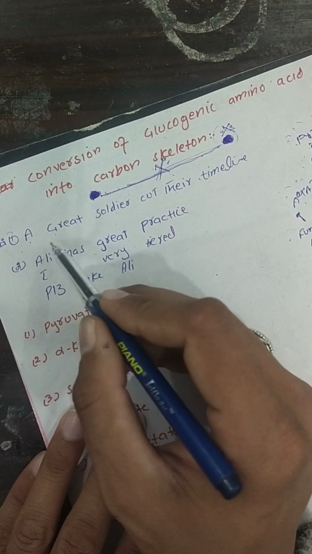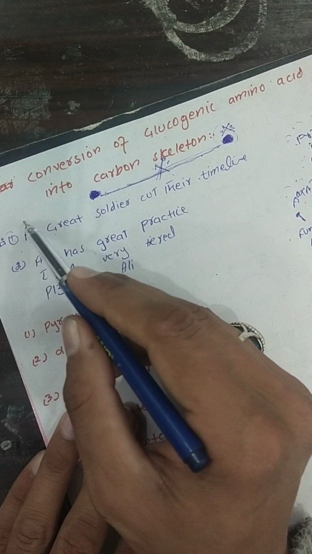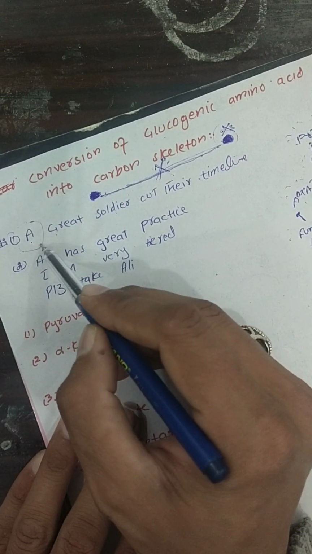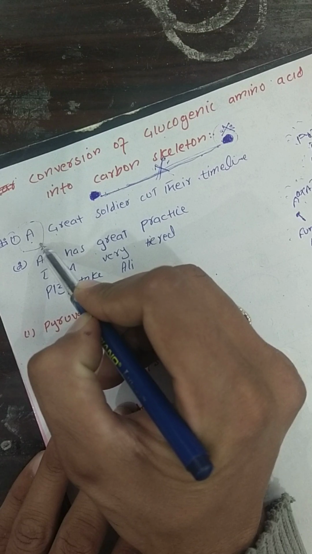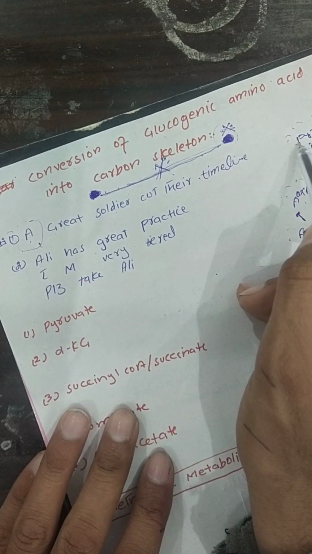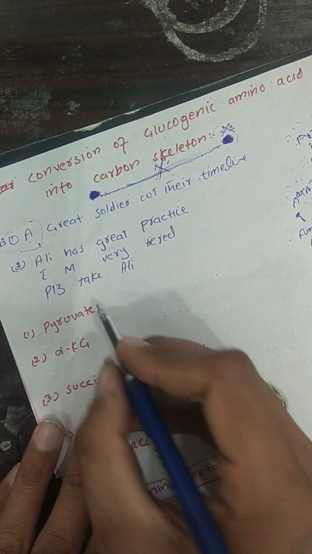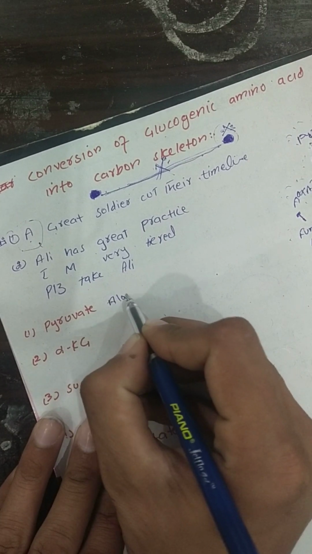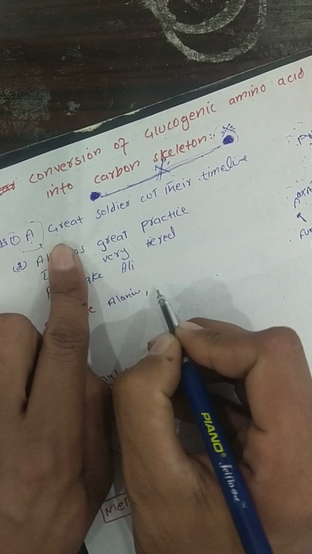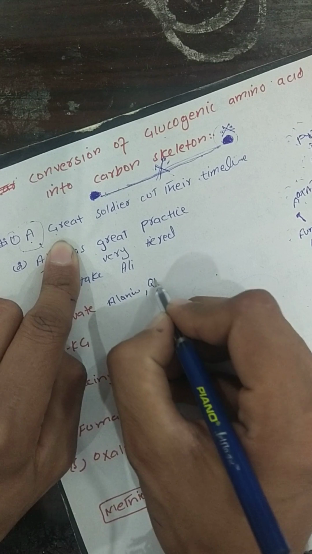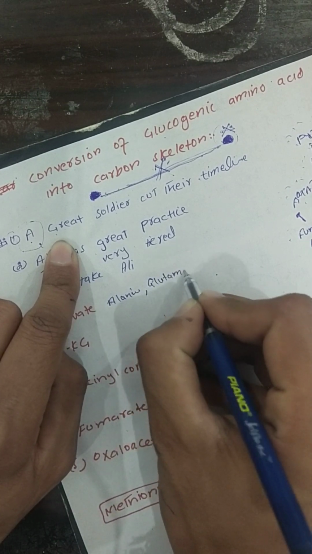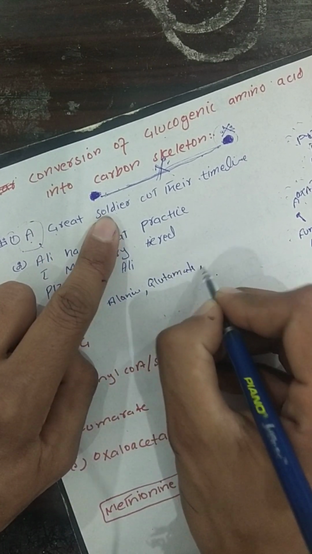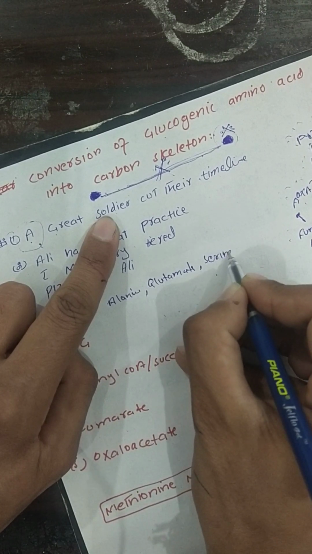This mnemonic is for pyruvate. What does it mean? A means alanine. Alanine produces pyruvate. Then G for glycine. Then S for, very good, serine.